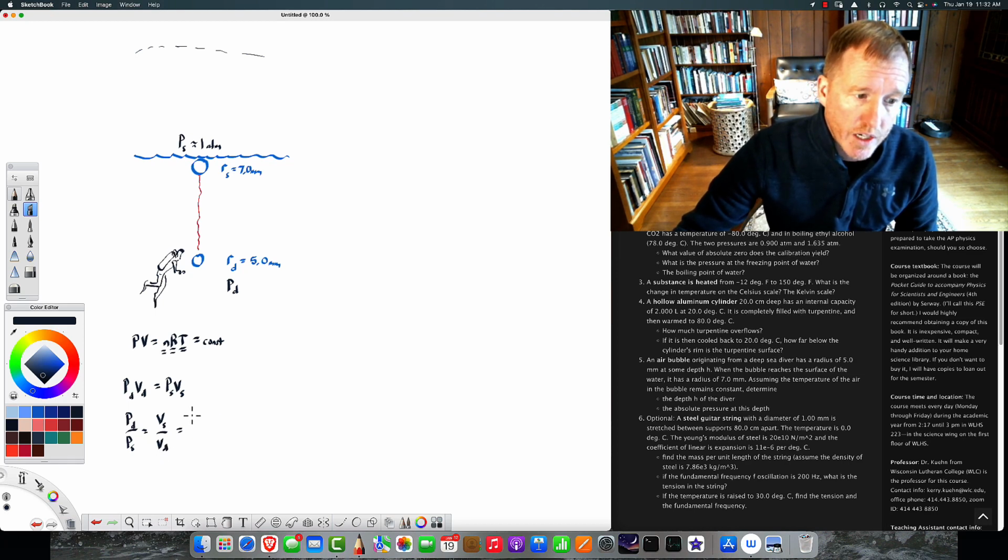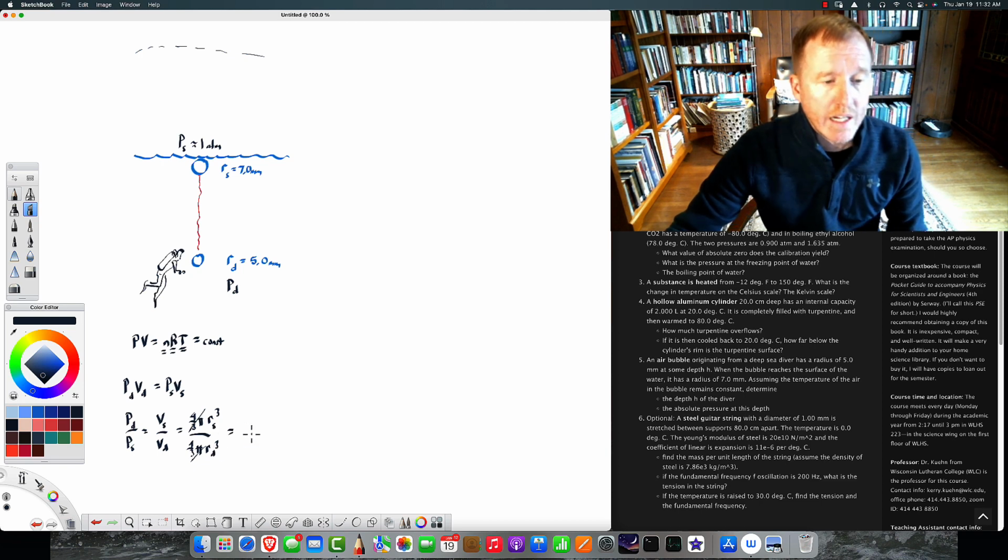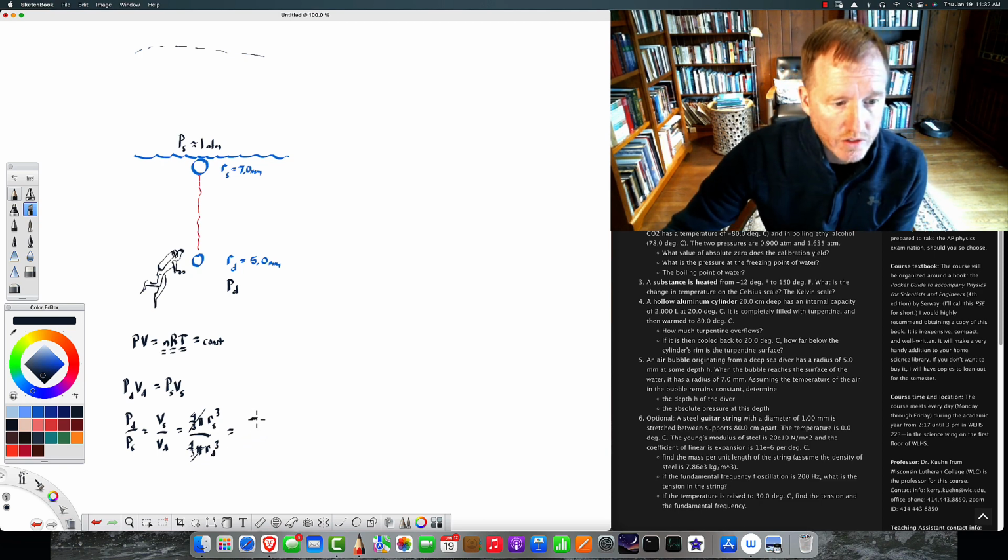Well, the ratio of the volumes for a sphere is 4/3 pi times the radius at the surface cubed, over 4/3 pi times the radius when it's very deep cubed. The 4/3 pi's go away, and so we can compare the radii of the bubble. The radius at the surface is 7 compared to 5 millimeters down here, and we cube this.